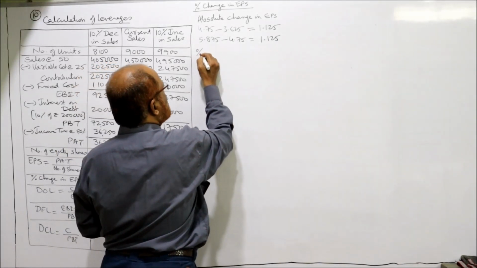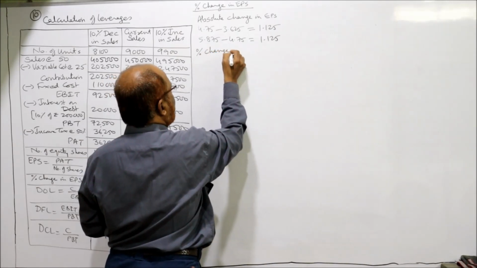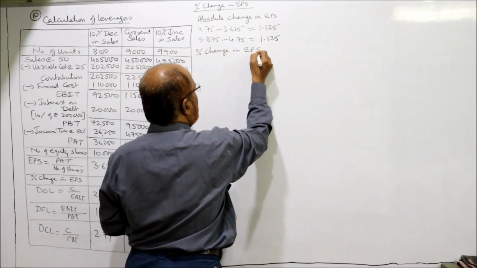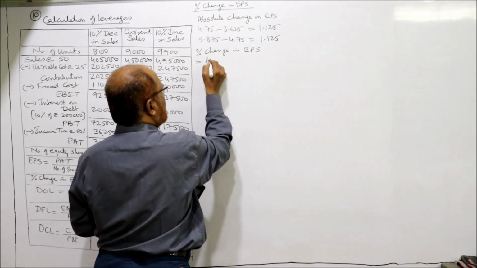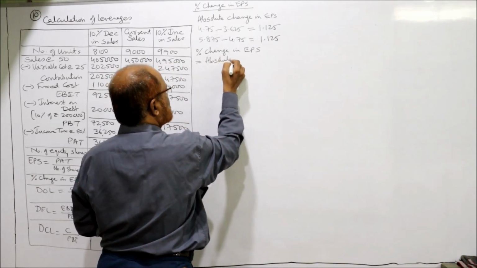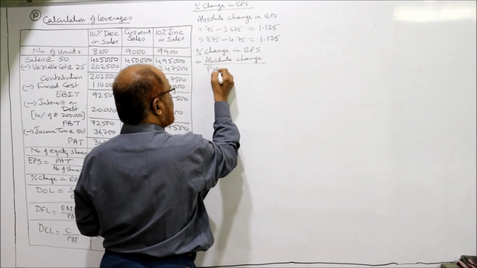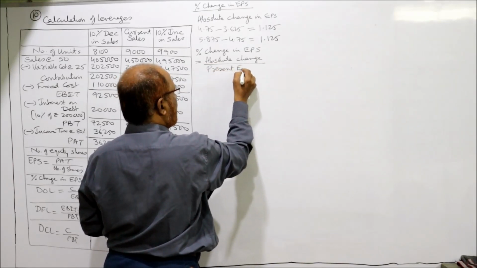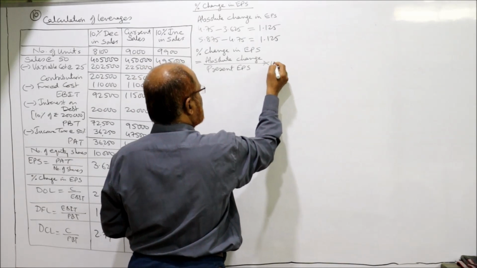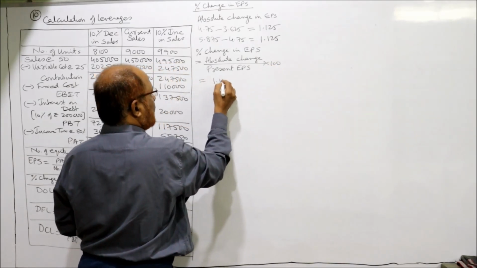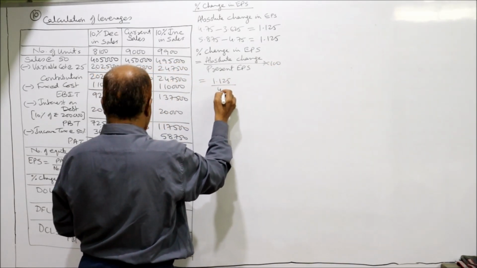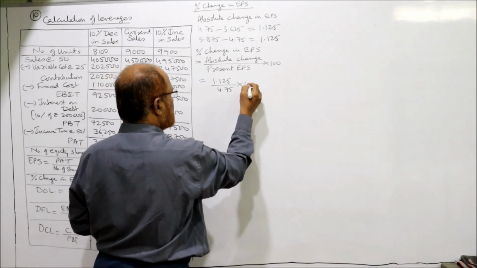Now, percentage change in EPS is equal to absolute change divided by present EPS into 100. That is equal to 1.125 divided by 4.75 into 100.